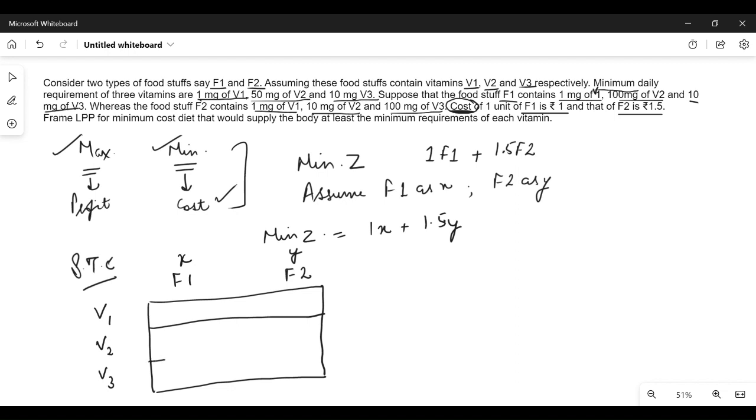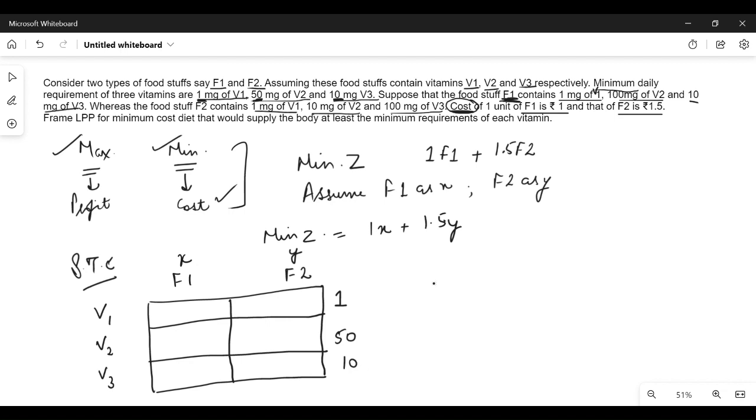As it is given in the first statement, the food's minimum daily requirement for 3 vitamins is 1 mg for V1. So the minimum is 1 for V1, 50 for V2, and 10 for V3. So I will write here 10.